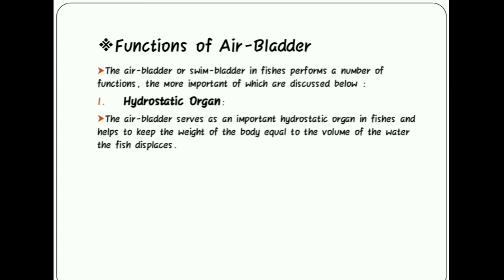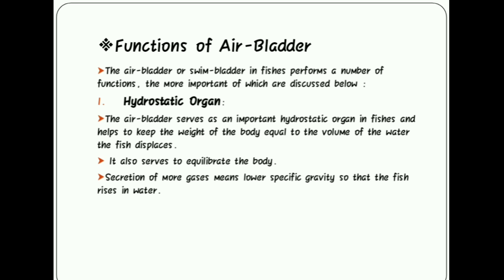This type of function is called hydrostatic. It also serves to equilibrate the body. A secretion of more gases means lower specific gravity, so that the fish rises in water.